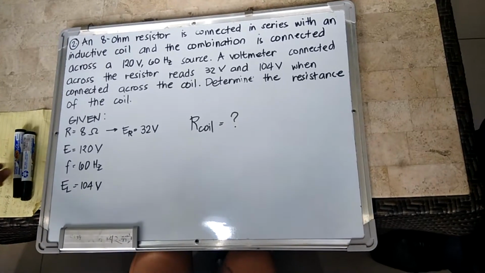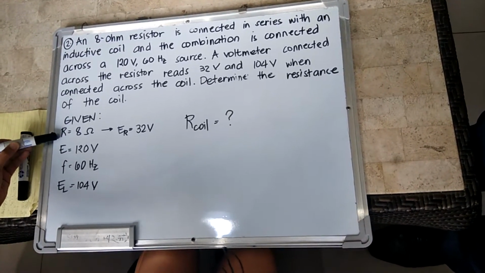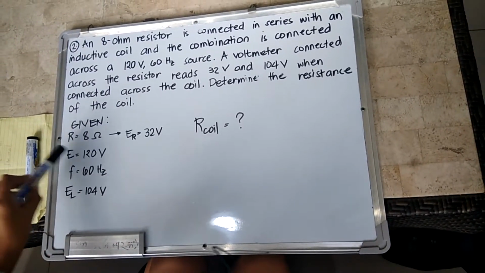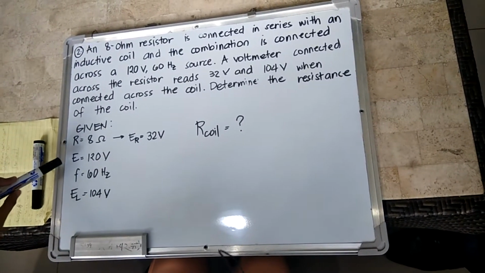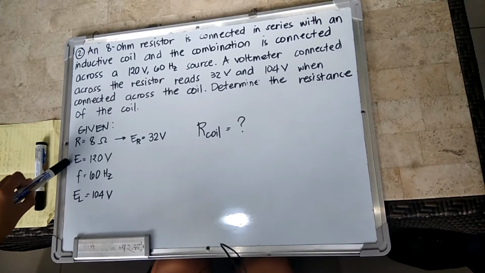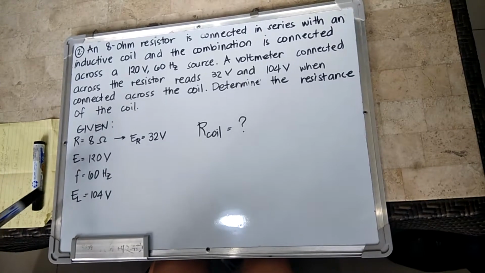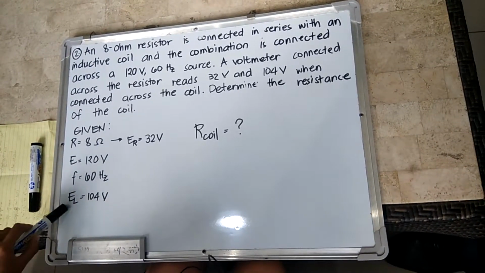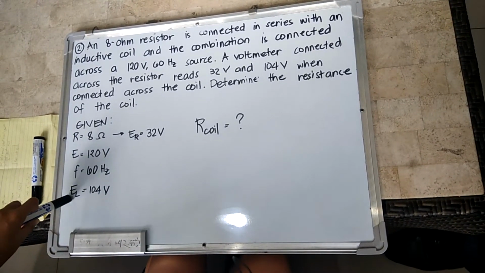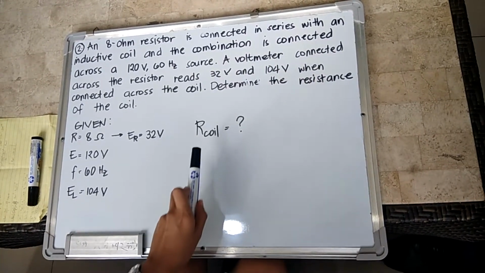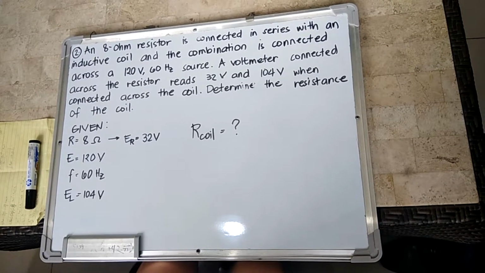So here are our given. Resistance is 8 ohms with a voltage across the resistor of 32 volts and total voltage of 120 volts, frequency of 60 hertz, and voltage across the coil is 104 volts. So find the resistance of the coil.